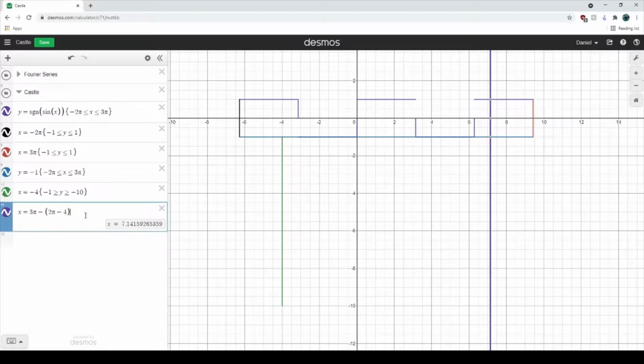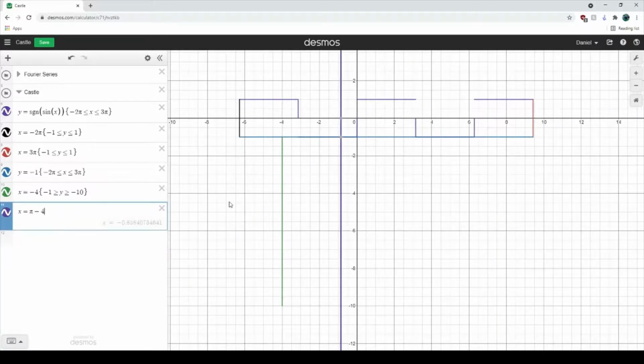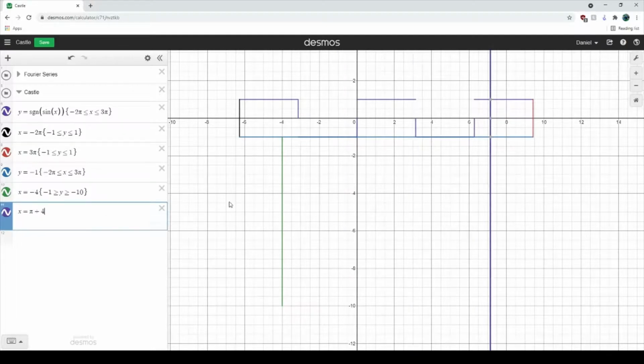If we do a bit of simplification, for those who actually want to do it, this is actually minus 5 pi plus 4, if I did the math correctly. Now 3 pi minus 2 pi is just pi, minus 4. No, plus 4. Sorry. Because if you distribute the minus sign over parentheses, you have to flip the signs. Right, and we want the same y range, and there we have it.